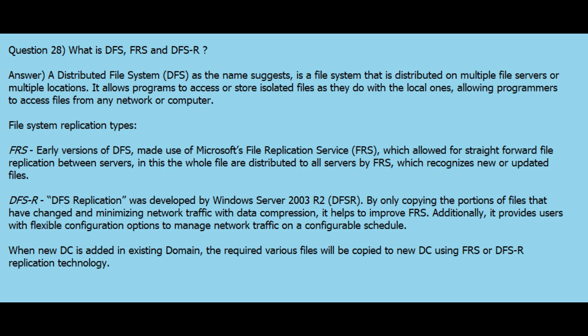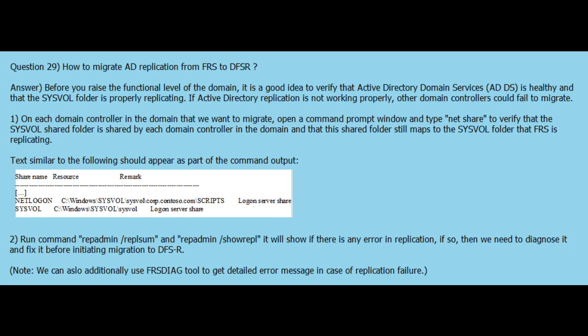Additionally, it provides users with flexible configuration options to manage network traffic on a configurable schedule. When a new DC is added in an existing domain, the required files will be copied to the new DC using FRS or DFSR replication technology.